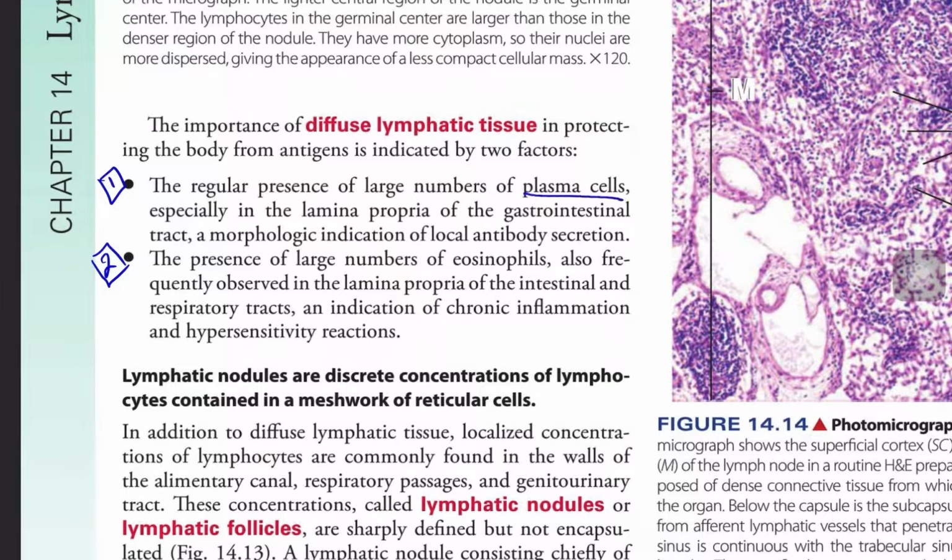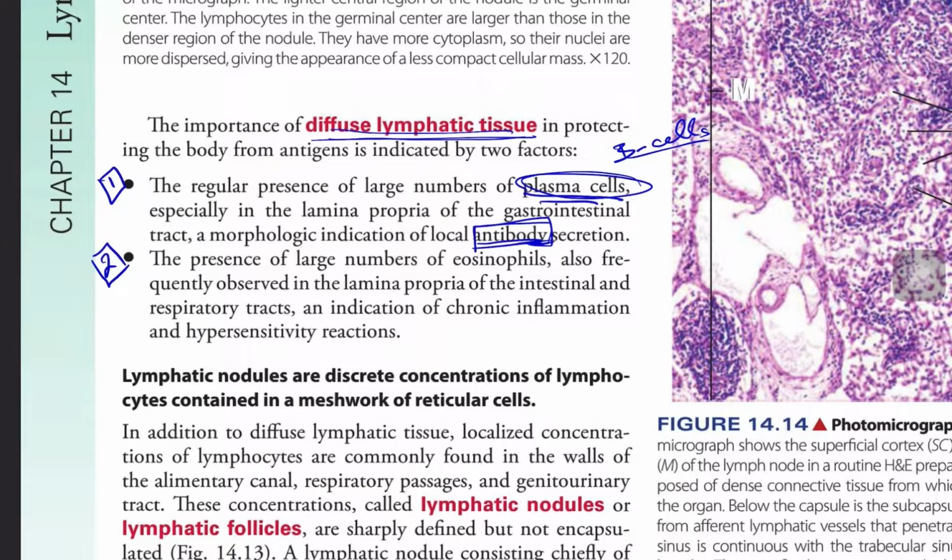Plasma cells, as we know, are differentiated B cells, or effector B cells. They secrete antibodies that get diffused in the lamina propria.